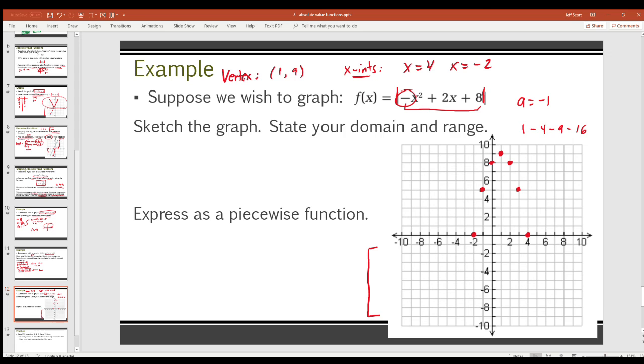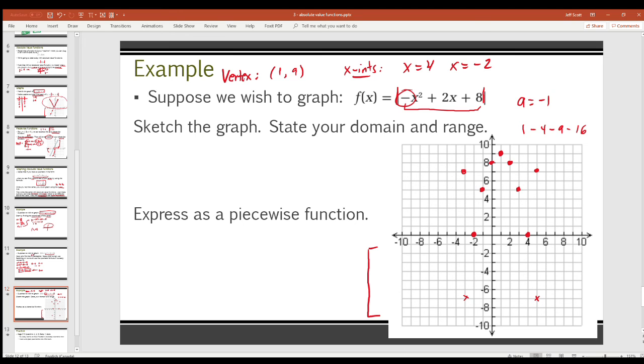Well, 16 times a is -16, and if you go from 9 down 16, that's going to take you way down to -7. So I could plot a -7 down here on both sides. But then, of course, I'm not allowed to have anything down in these two quadrants, so I'd be flipping that upwards to +7 over here as my actual coordinate.